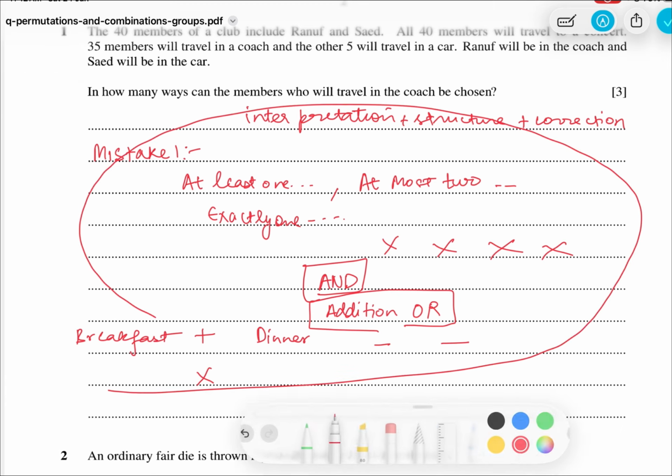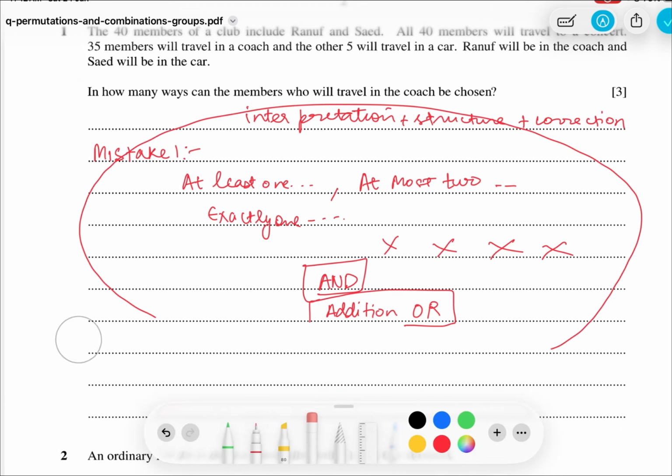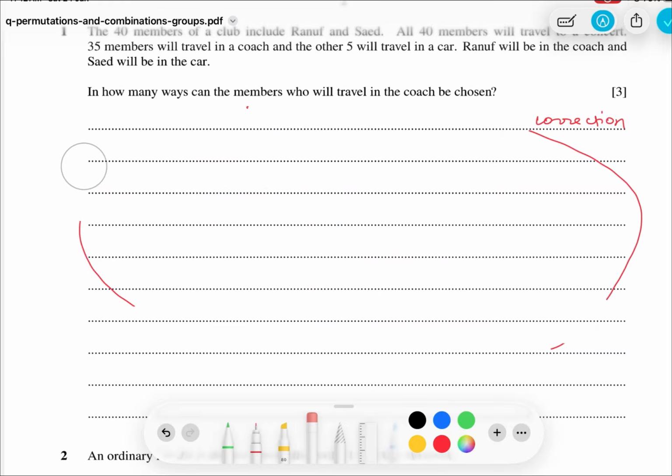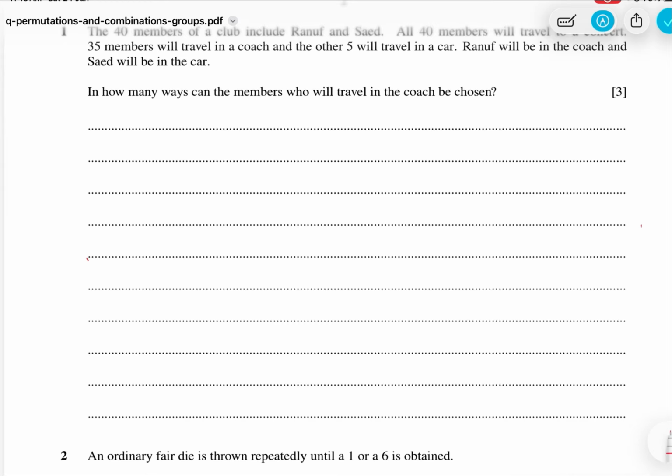Mistake number two is overcounting the cases without even realizing it. You overcount everything. For example, identical objects. Don't worry, we will practice so many questions in today's class that permutation and combination would never be a problem to you again.